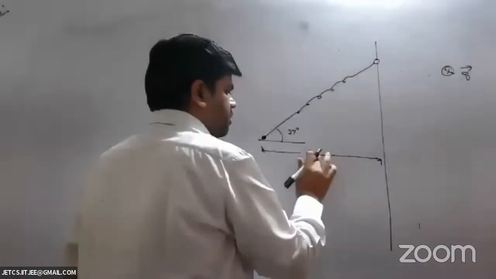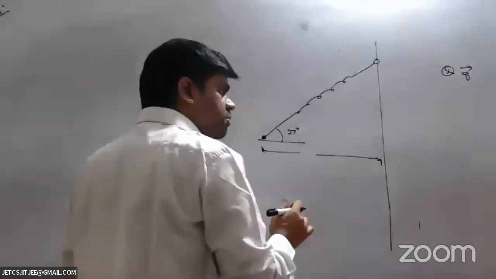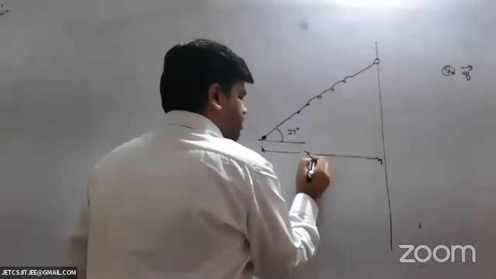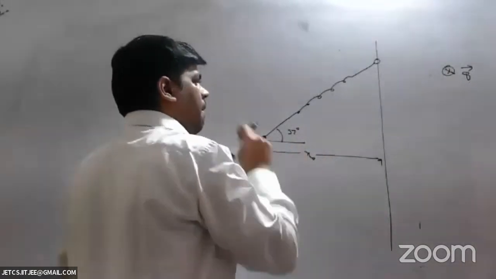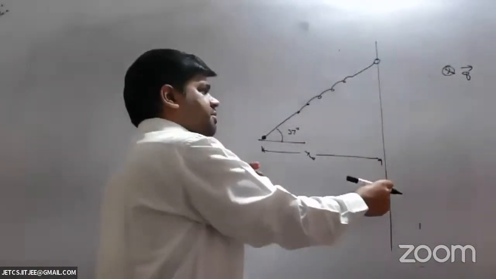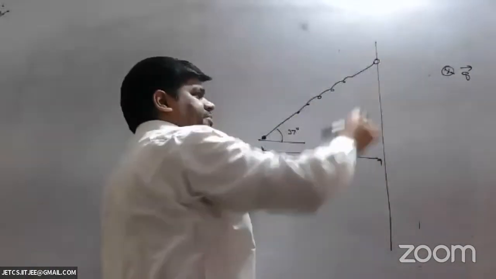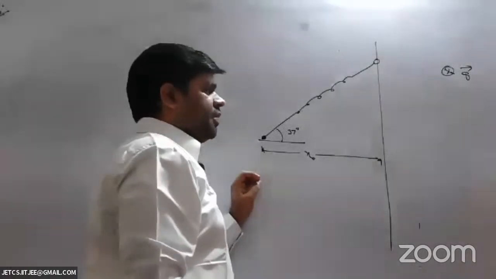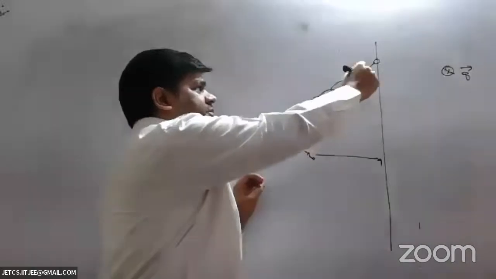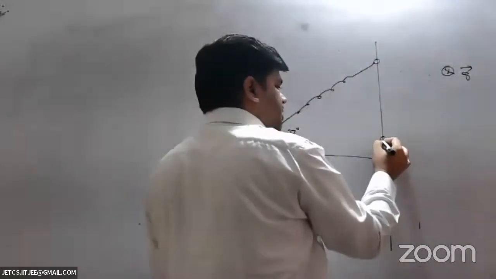This is d, or this is x naught. X naught is the natural length of the spring. It is stretched till here and released. What is required is I have to find the speed of this bead when it reaches this equilibrium position.